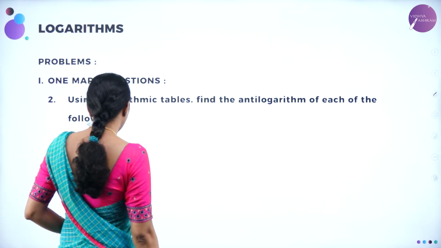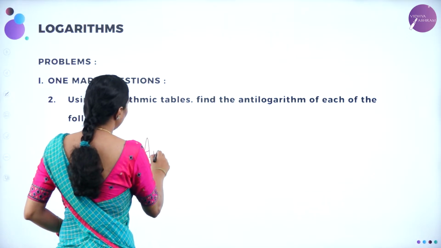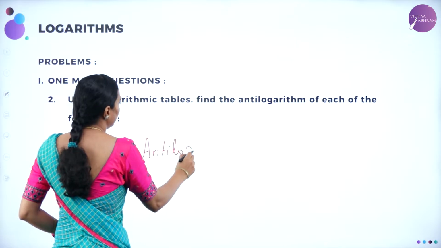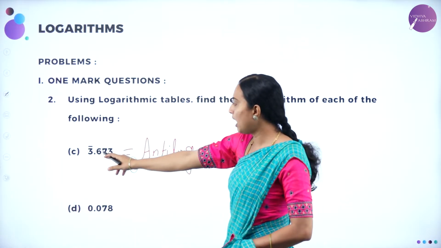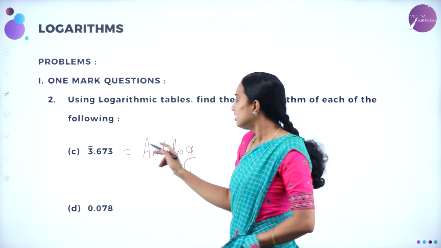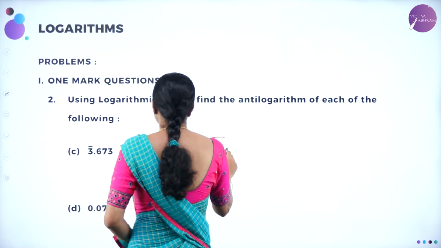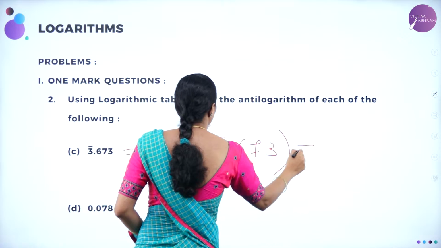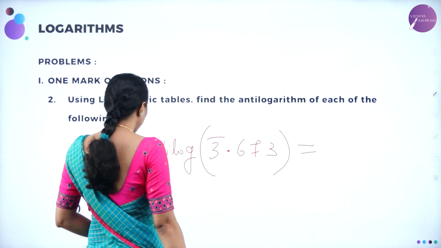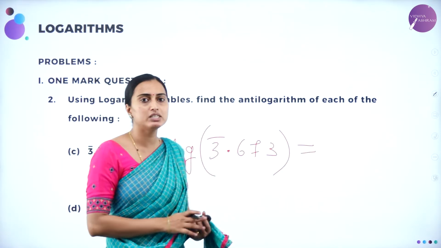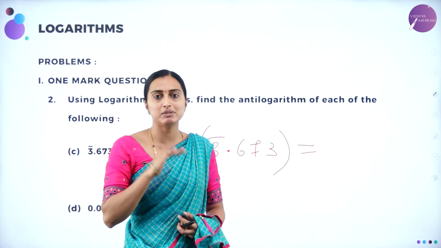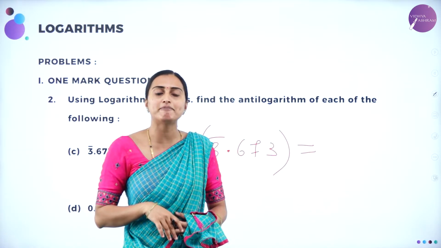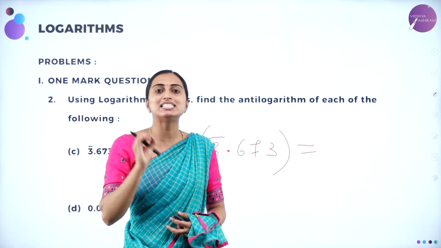Next we'll be moving on to using the logarithmic tables, find the anti-logarithmic of each of the following. So they have asked the anti-log of 3 bar 0.673. 3 bar means minus 3. So if they ask you to find this, how are we going to find it? Minus 3 means 10 to the power of minus 3, which means 0.00.